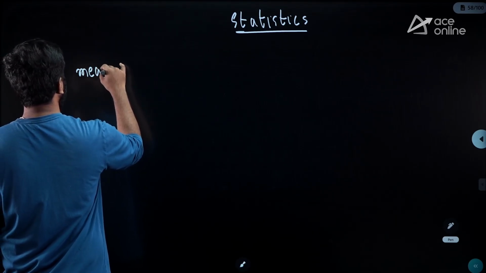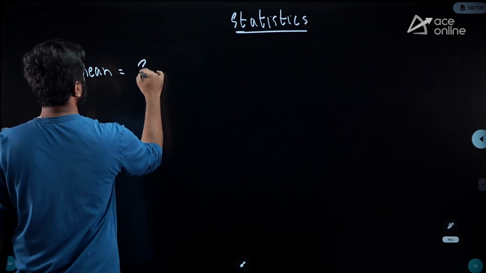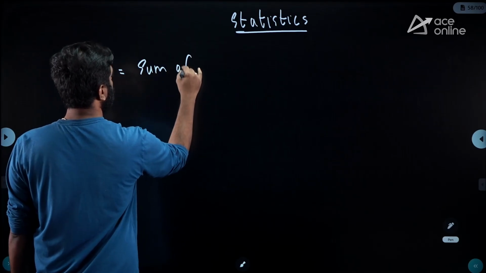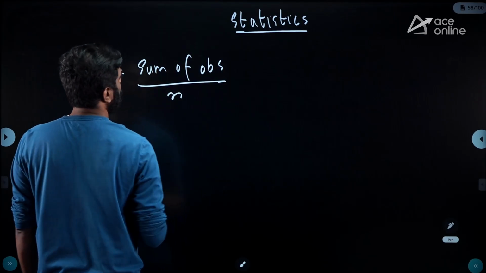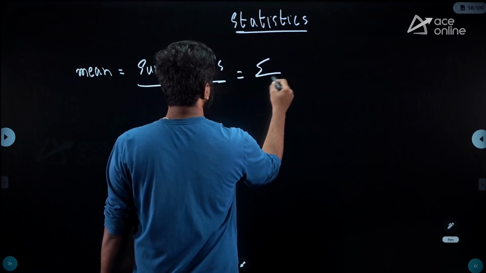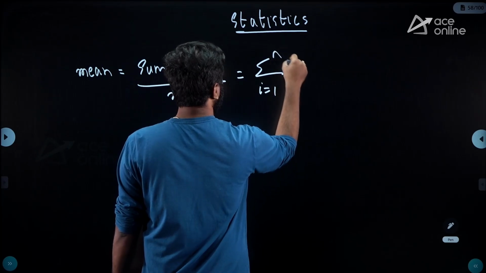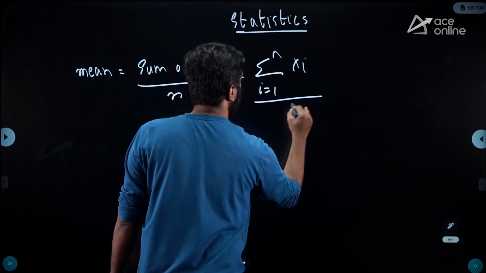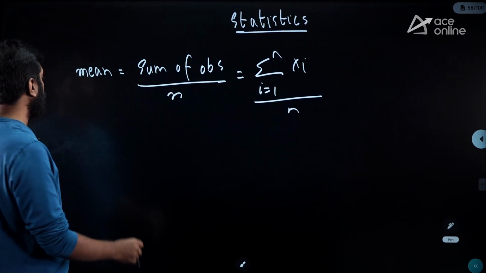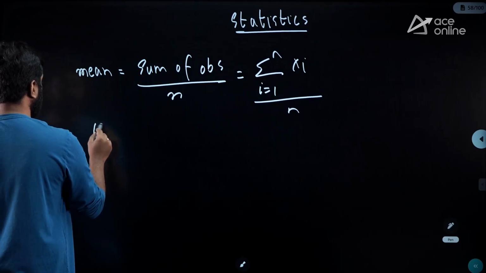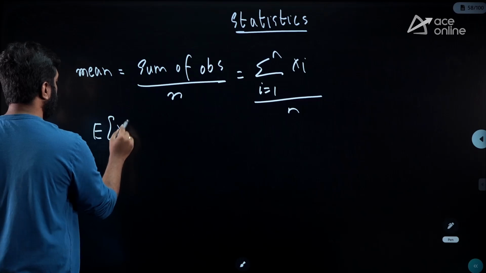How do you find the mean? If observations are given, it is the sum of the observations by the number of the observations. This can also be written as summation i from 1 to n of xi by n. But how do you find it if a discrete random variable is given?